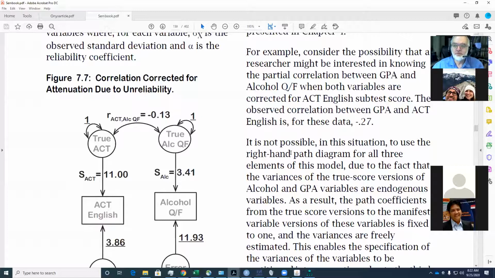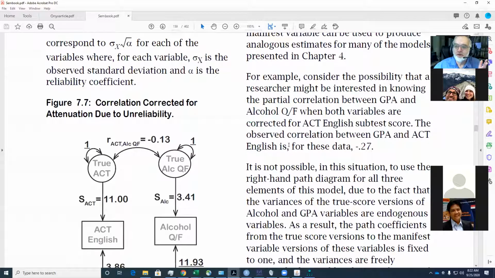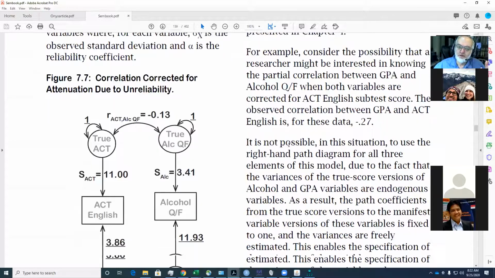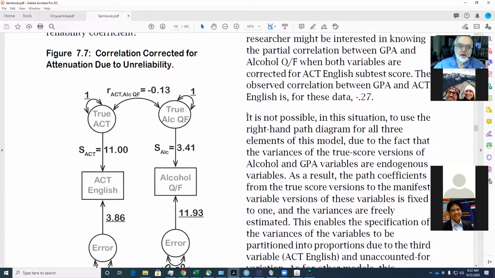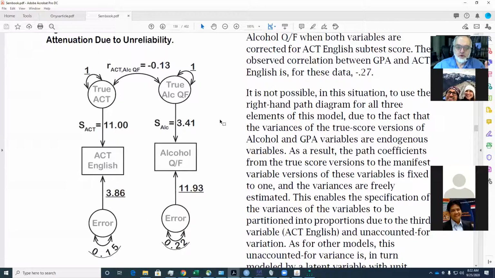This allows us to explore some small diagrams that are also variants of familiar themes. I hand waved a little bit about this, but sometimes we are interested in estimating the correlation between two constructs.